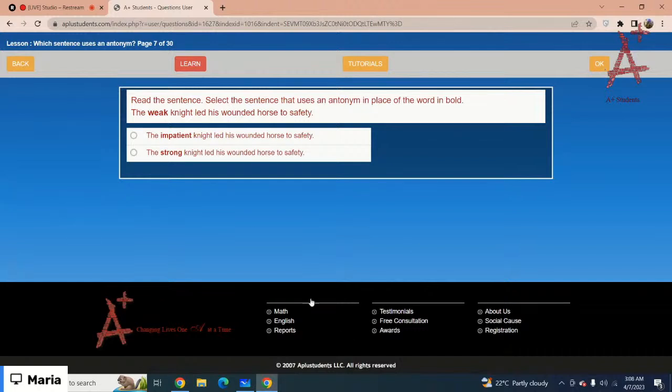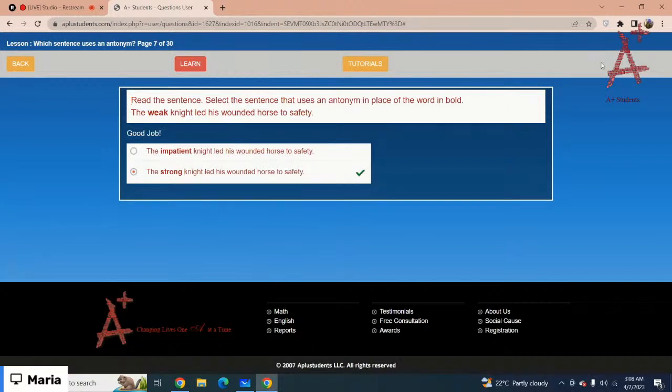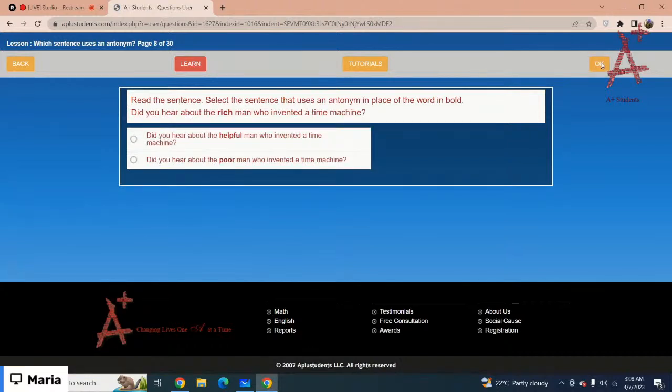Yes, that would be the strong. Weak and strong are the antonyms. So the second option is the correct option. Got it? Did you hear about the rich man who invented a time machine?